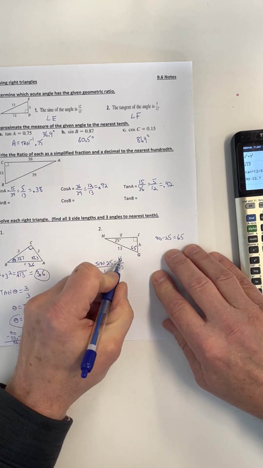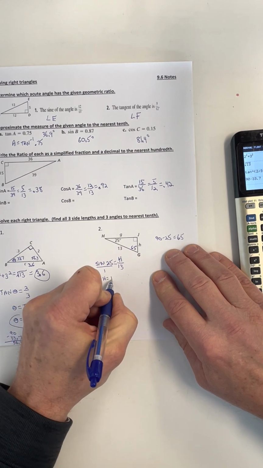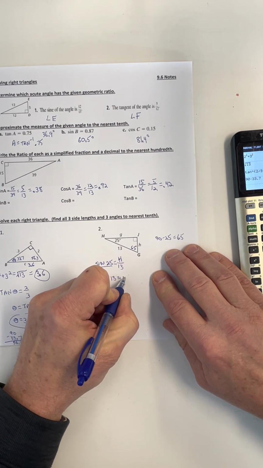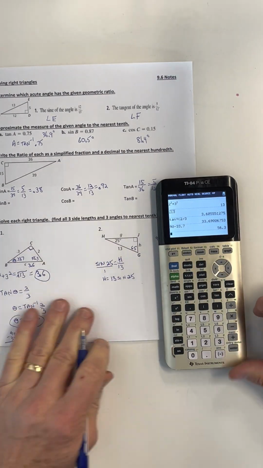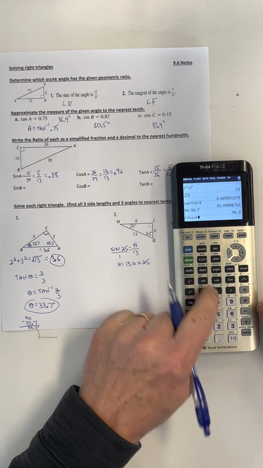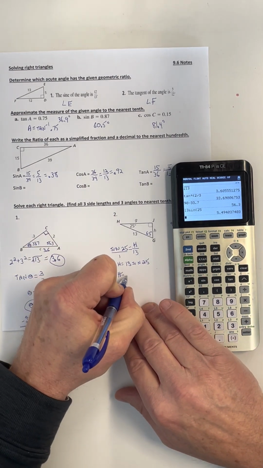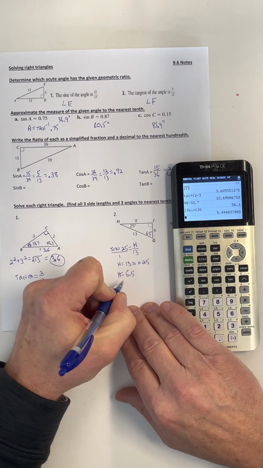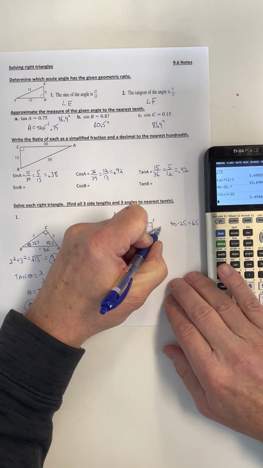H is on top, so do the cross products. H equals 13 times the sine of 25. And I get about 5.5. That's the length of H, 5.5.